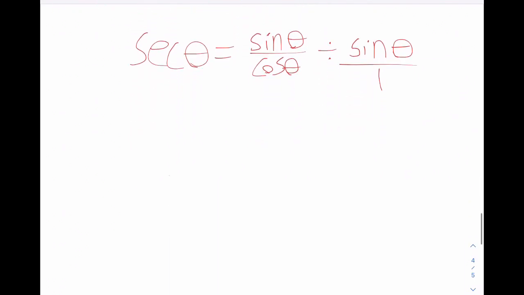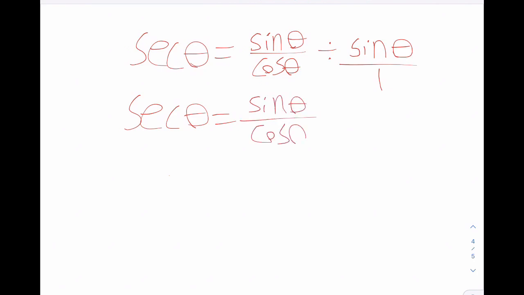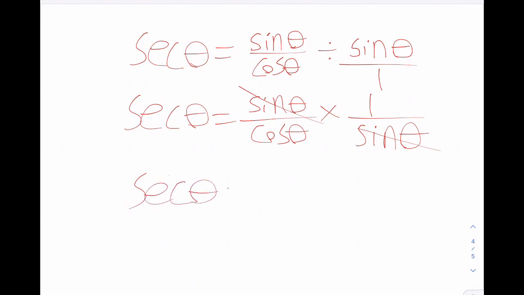Now if we scroll down, secant of theta will equal sine of theta over cos of theta multiplied by 1 over sine of theta, and the two sines will cancel out, so that means that secant of theta will equal 1 over cos of theta.